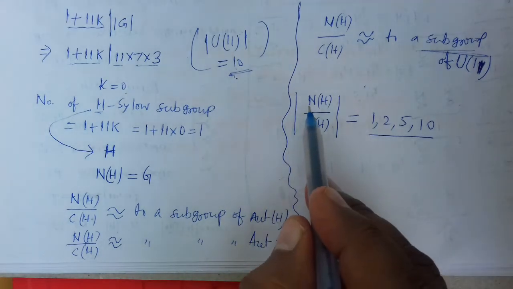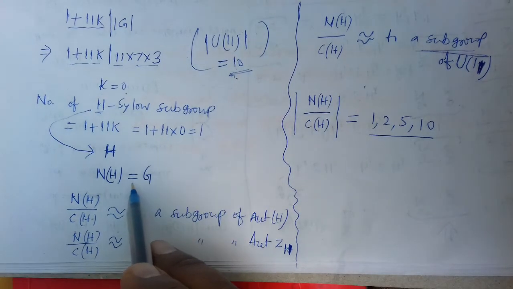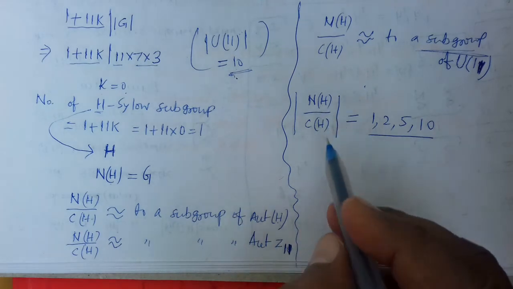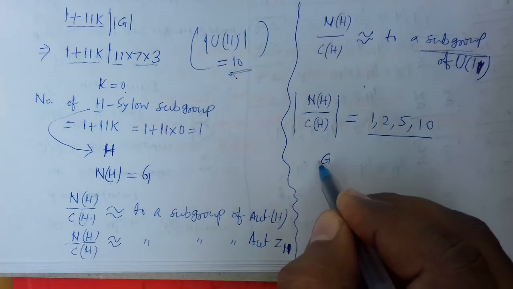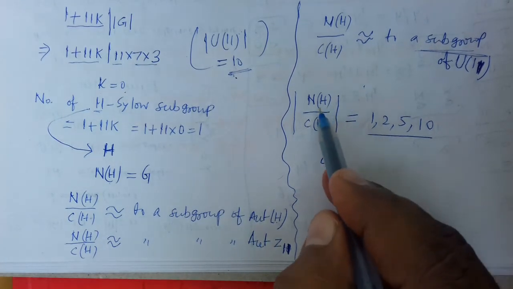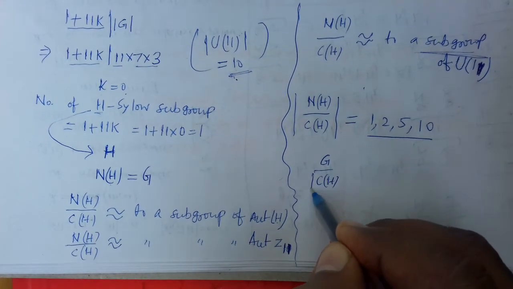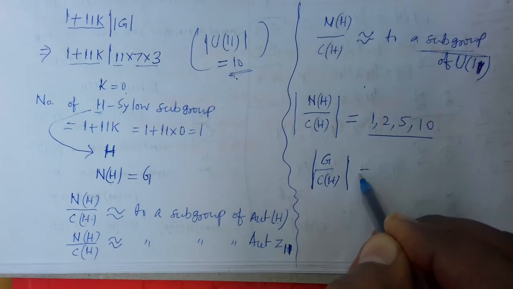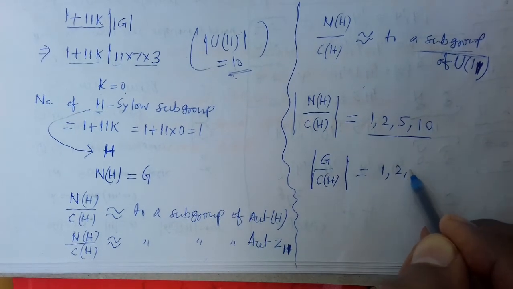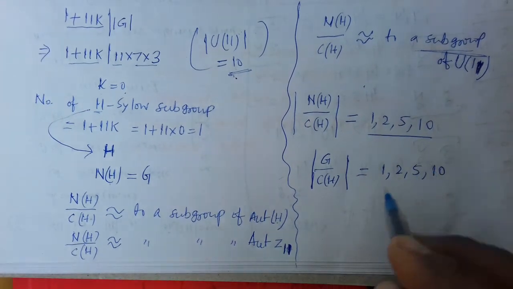Now you see that NH is G. So in place of NH we can put G. So the order of G by CH will be 1, 2, 5 or 10.